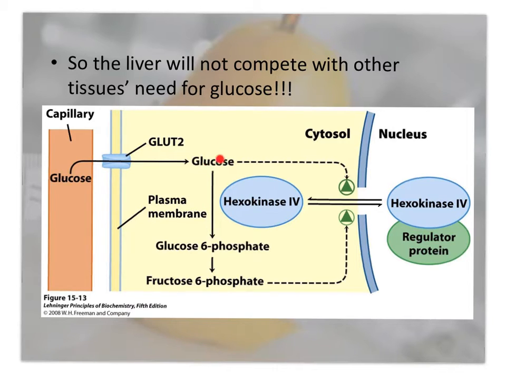What happens here is glucose binds, because normally, like right now since I haven't eaten, the hexokinase has a regulator protein on it, which prevents glycolysis from occurring. But since glucose is so high, it comes in and kicks off that regulator protein. So then it looks like this.